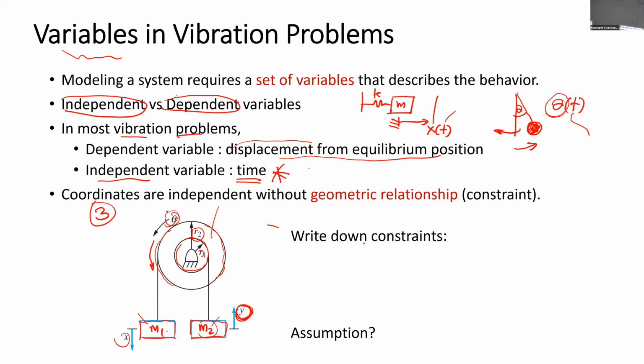The first constraint is x equals R2 theta. This is my first constraint. We need one volunteer to give the second constraint. Do you have any idea for the second constraint?